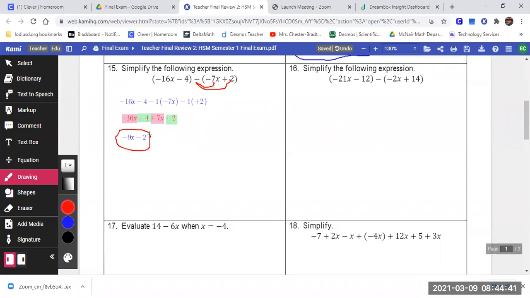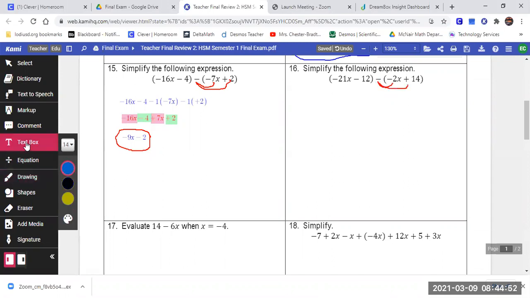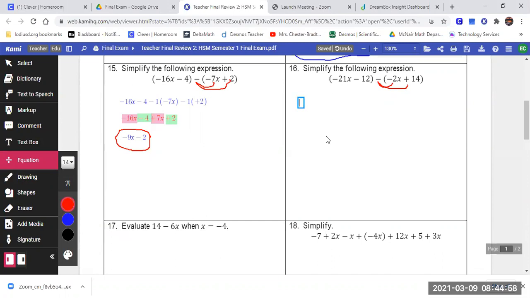Clean it up. Here we go again. Cleaning it up. Distribute this negative 1. So we're doing exactly what we just got done with. Okay. So first, the first one, we take them out. There's nothing going on outside the parentheses.